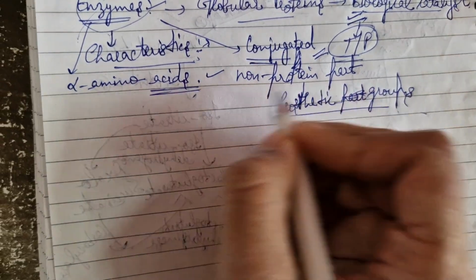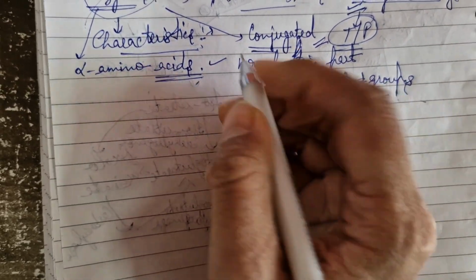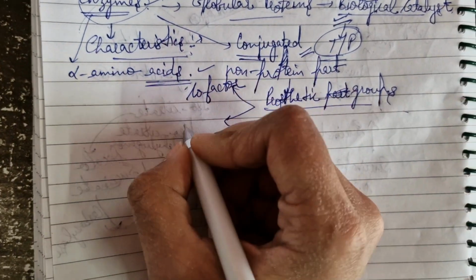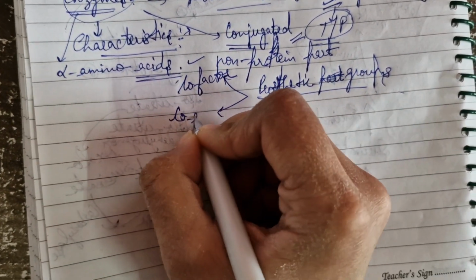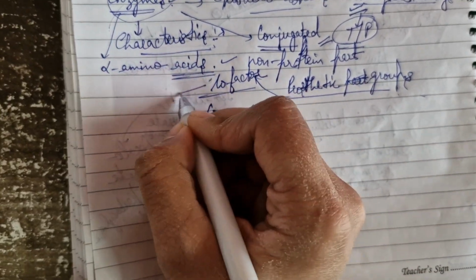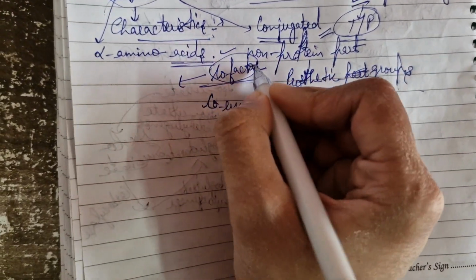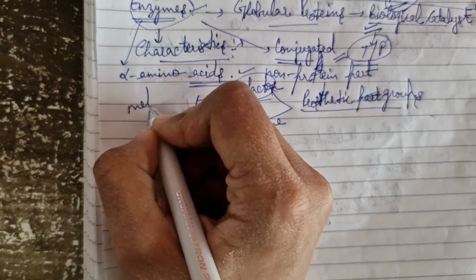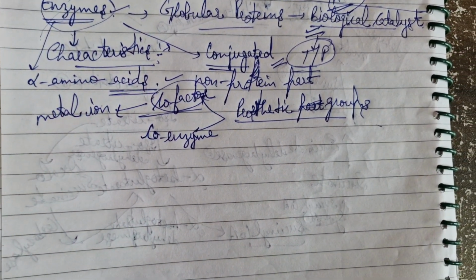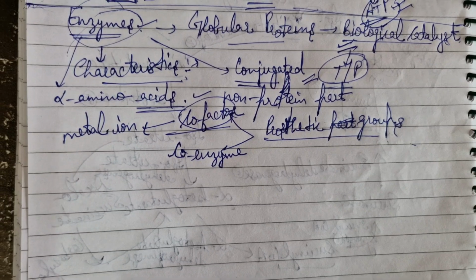Prosthetic groups are of two kinds. One is cofactor and another is coenzyme. Cofactor is the non-protein part, that is the metal ion attached to the protein part, that is enzyme. For example, iron in hemoglobin.